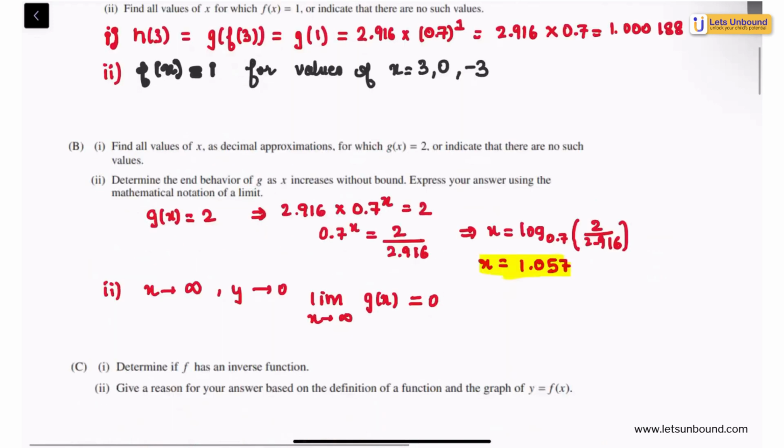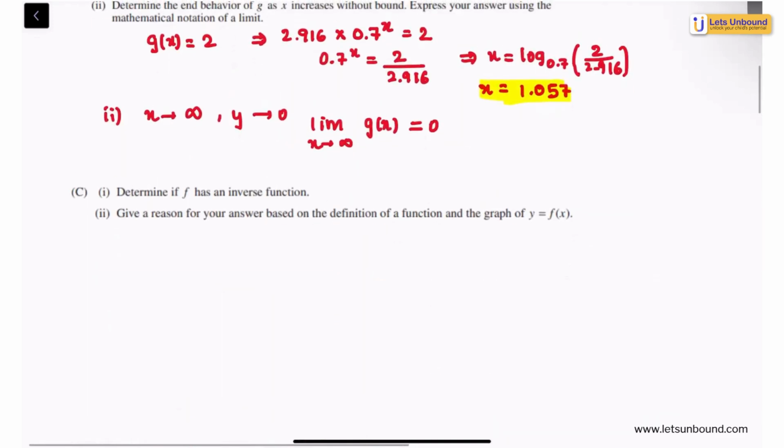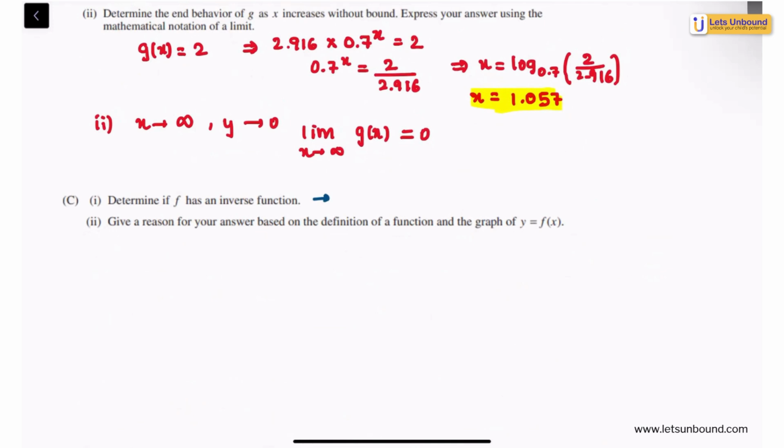So our first answer, to determine whether f has an inverse function or not, is that it does not have an inverse function. But to give the answer mathematically, you can mention that it fails the horizontal line test. Moreover, there are a few more things you can indicate about the graph according to the definition of a function.